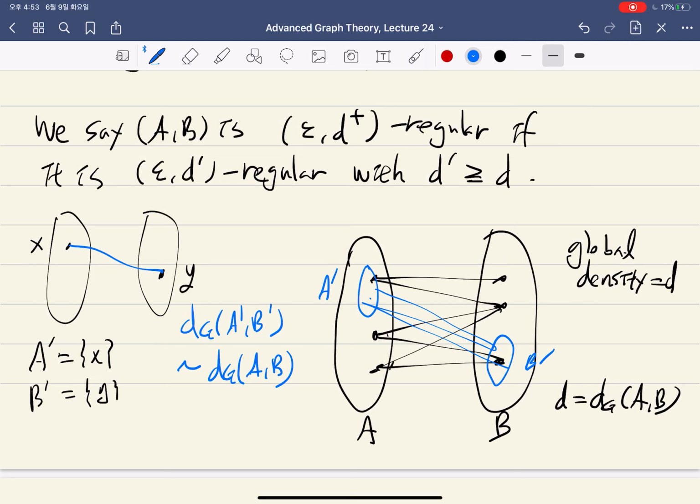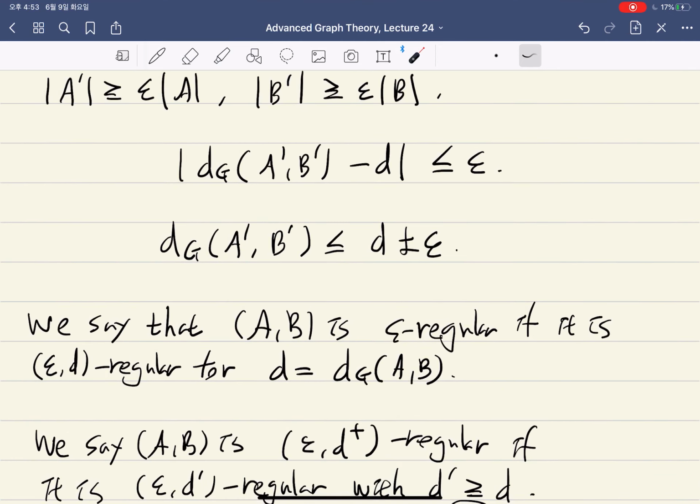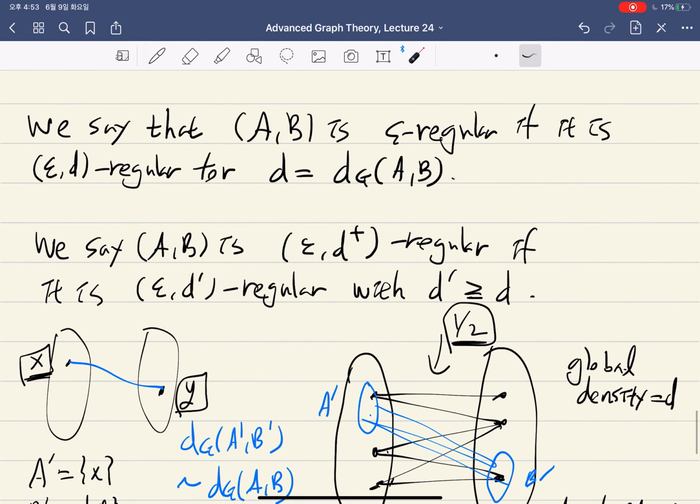So even in a purely random graph, where every edge is there with probability half, the local density is either 0 or 1, so it's always far from half. It's too much to expect that this really small local density is close to the global density. That's why we put a lower bound on the size of A prime and B prime.